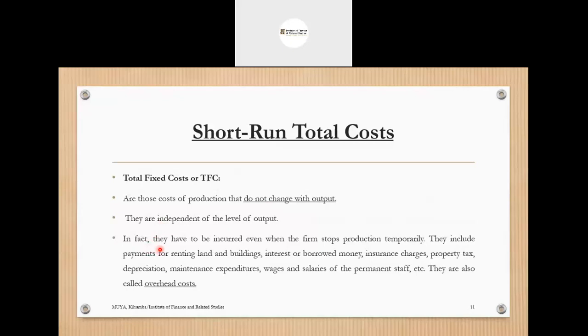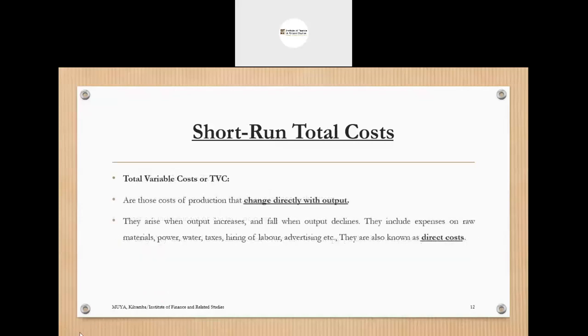For instance, when schools and universities were closed because of COVID, even though no learning was taking place, the staff still had to be paid. Such costs include payment for renting land and buildings, interests, and so forth. Sometimes we refer to this cost as overhead costs.